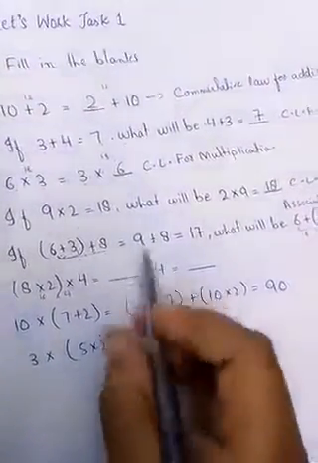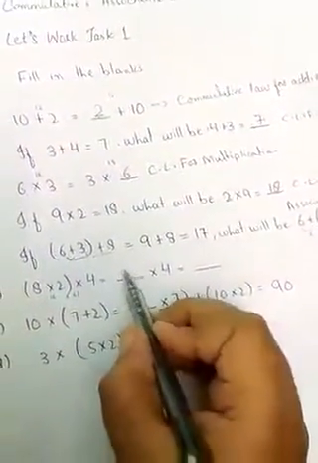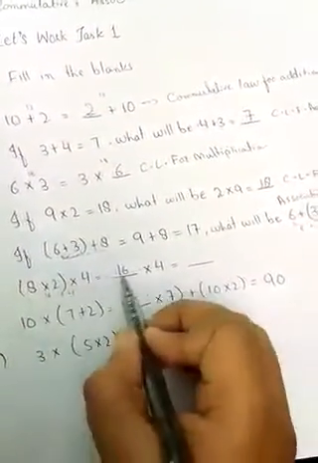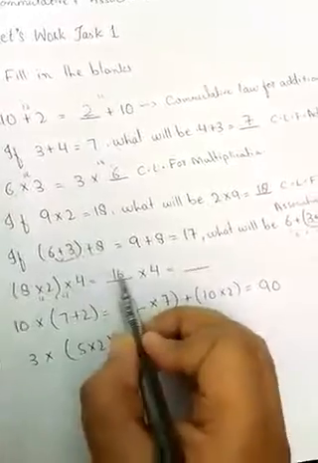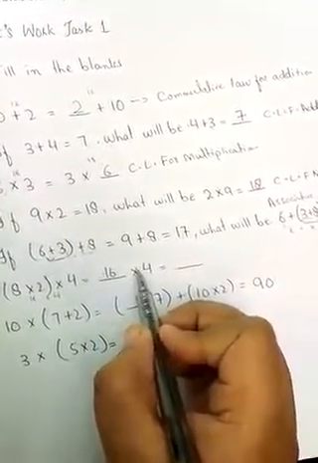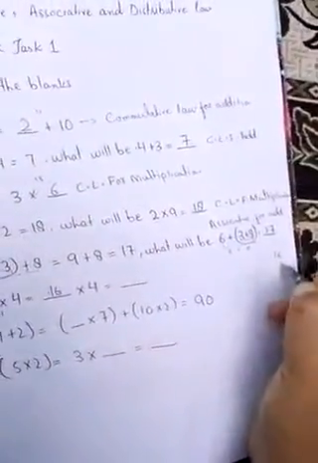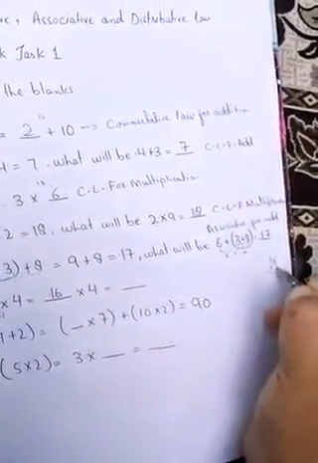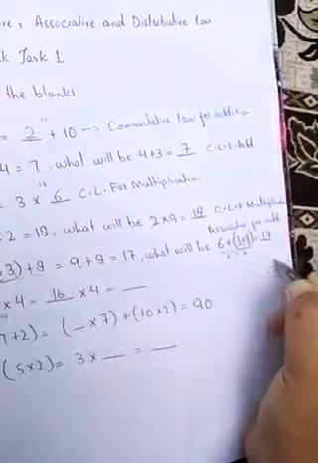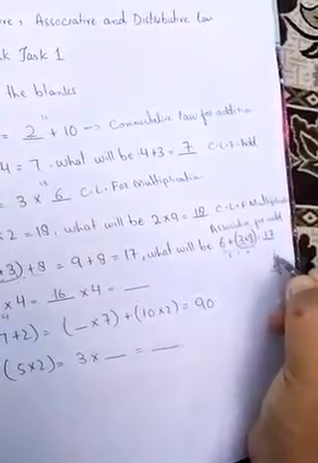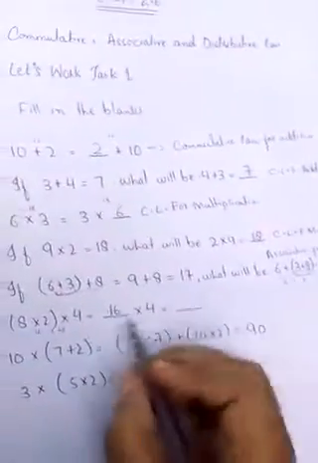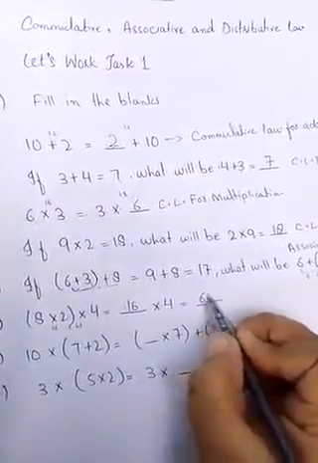We have to write 16, because 8 2s are 16, and 16 multiplied by 4 is, let's solve, 4 6s are 24, 2 carry, 4 1s are 4, 5 6, 64. So 16 multiplied by 4 is 64.